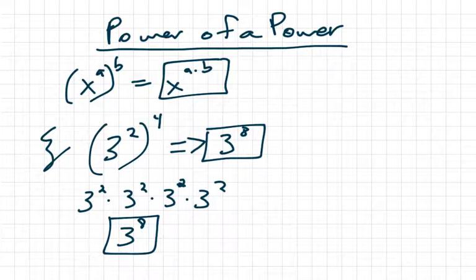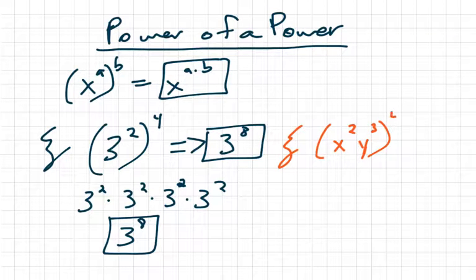So here's the extension now. I'll switch this up. This guy, if we went and wrote, let's say, x squared y cubed to the power of 4. This is what we would call the power of a product, because there's two things being multiplied.